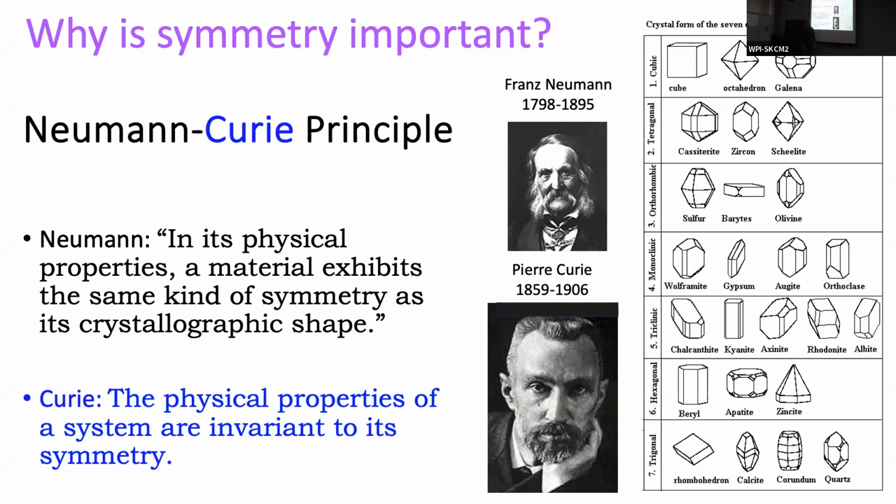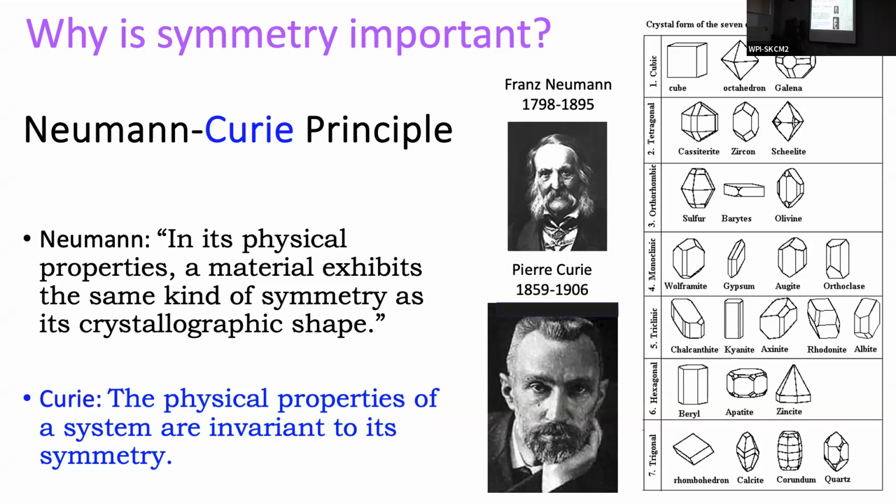Okay, so why is symmetry or the absence of some symmetries important? This is the consequence of the so-called Neumann-Curie principle, which is one of the most powerful ideas in all of physical science. It started out with a mineralogist, Franz Neumann, who said it seems like the physical properties of crystals are connected with their shapes.